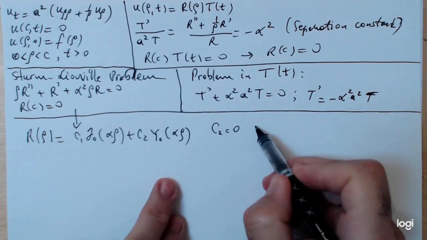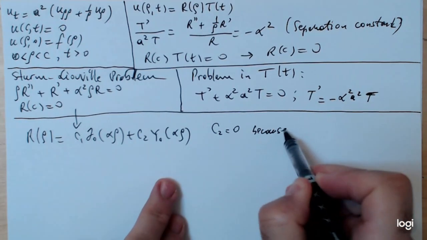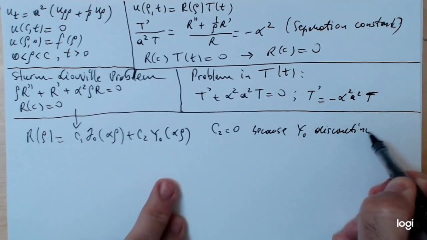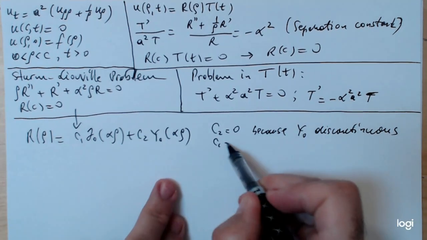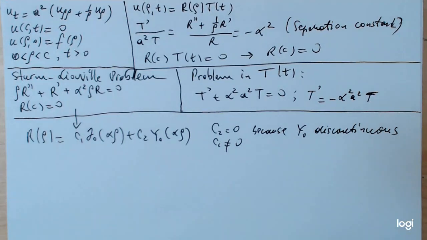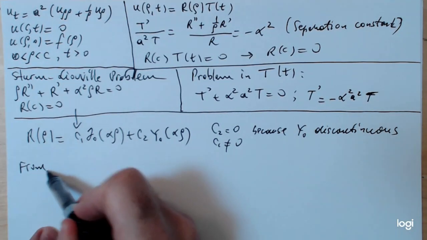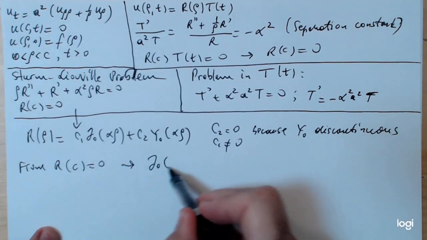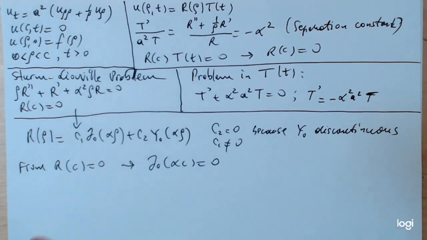Automatically C2 is 0 because Y naught is discontinuous, so we cannot have that. And C1 must be not equal to 0. And then from R of C equals 0, we concluded that J naught of alpha C is equal to 0.